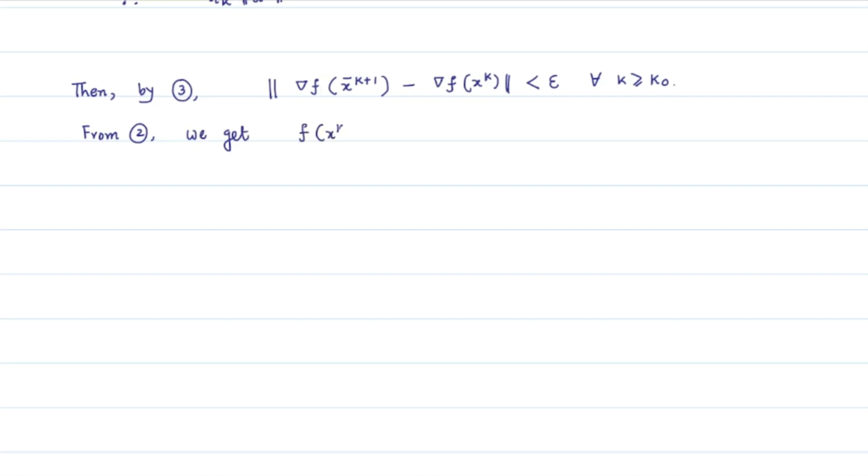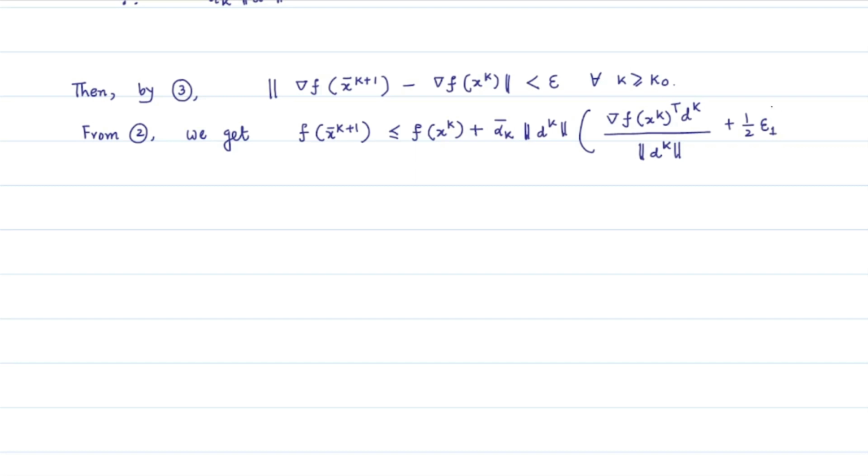f(x_{k+1} bar) less than or equal to f(x_k) plus alpha_k bar times norm d_k times grad f(x_k) transpose d_k divided by norm d_k, plus half of epsilon 1, where this half of epsilon 1 is equal to epsilon.